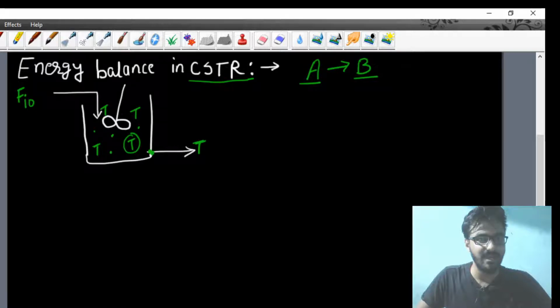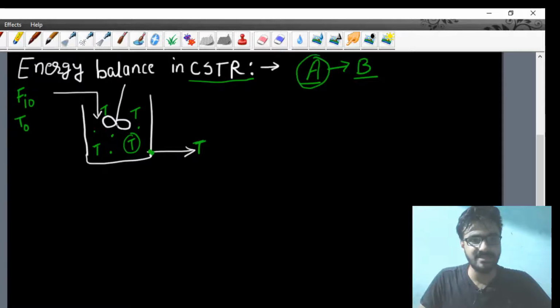That means the inlet temperature of the reactant A is T naught. And I am assuming the temperature inside the CSTR is T. Already I have supposed that my temperature inside the reactor is T, which equals the outlet temperature, and the inlet temperature is T naught.